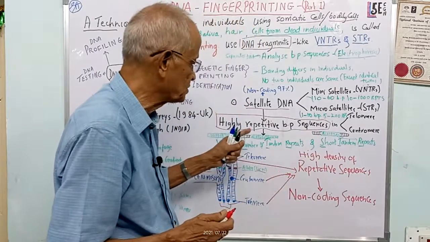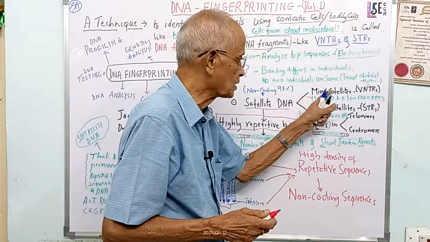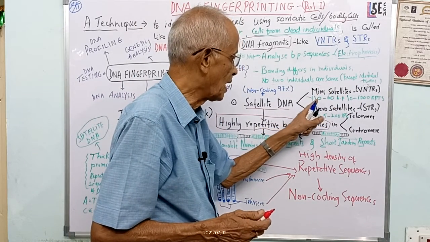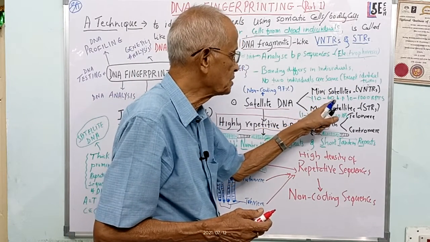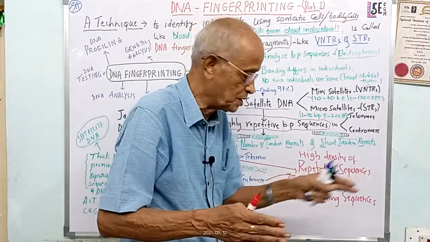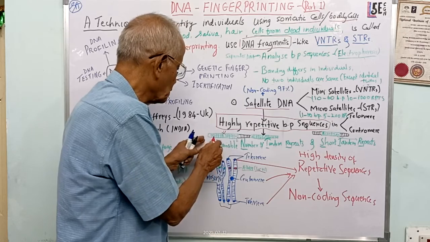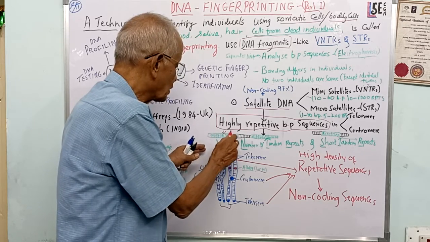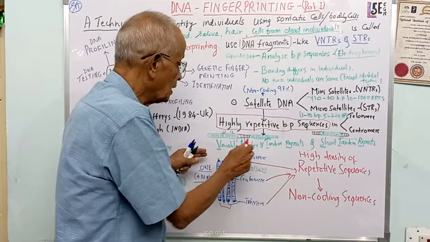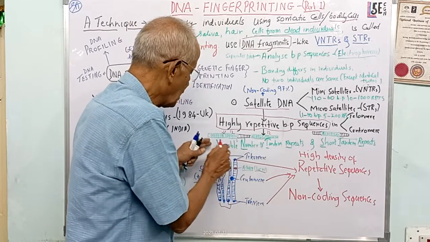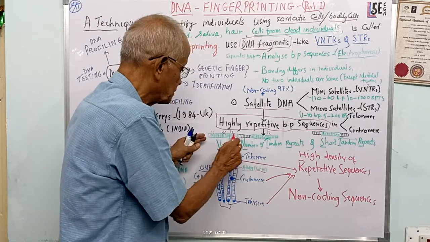These two names are given based upon the number of the sequences and repeats these segments have. Some DNA segments, for example, minisatellite segments, have 10 to 60 base pairs. That means this stretch, if you take up this one here I have shown you, there are 12 base pairs here, 12 base pairs here, all of them are CG, CG, CG, CG.